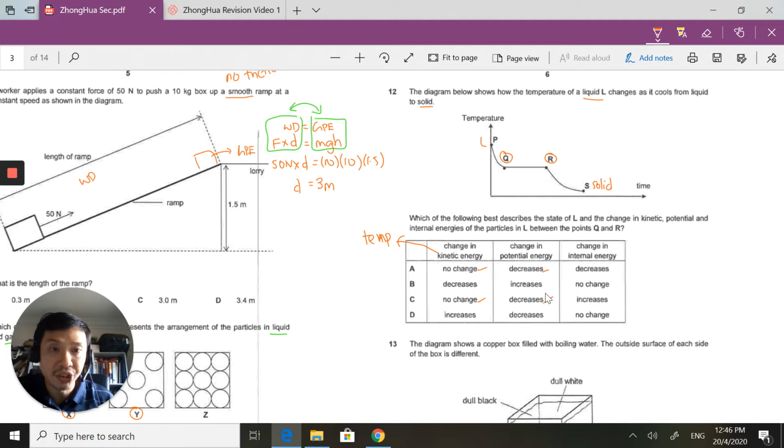And the internal energy therefore decreases. So the answer is A. Potential energy decreases because it is still losing heat during this period of time, and therefore the total energy also decreases.